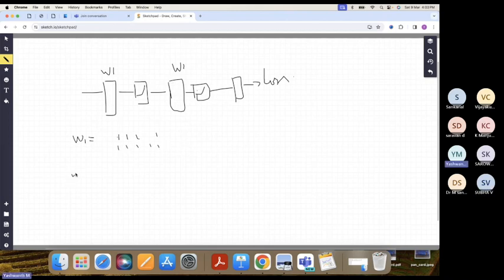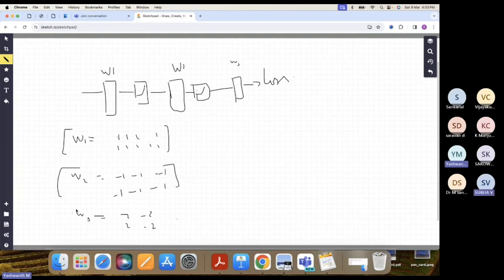And W2 is also initialized to all, say, minus ones or something. And say W3 is also initialized likewise, ones or minus ones or two or minus two or whatever, and so on. What is the problem? Now this is not the same as having all zeros as input, right? What is the problem in this case?